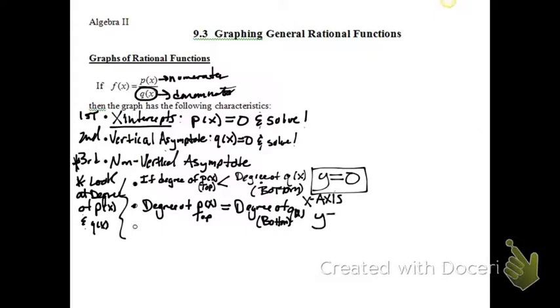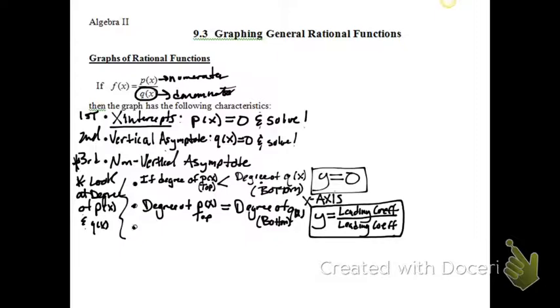It's going to be of the form y equals a number, but it's not going to be 0. It's going to be the ratio of the leading coefficient of the numerator over the leading coefficient of the denominator. It's still a horizontal asymptote, just not y equals 0. If it were y equals 0, we'd have the degree of the top less than the bottom.